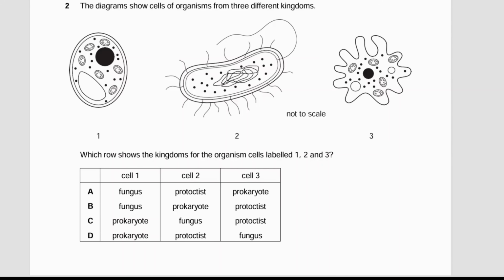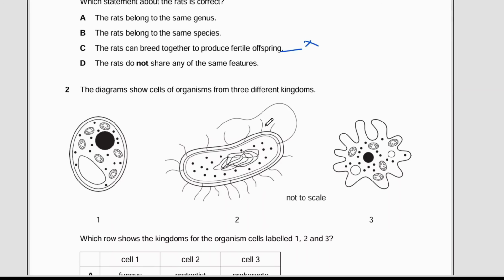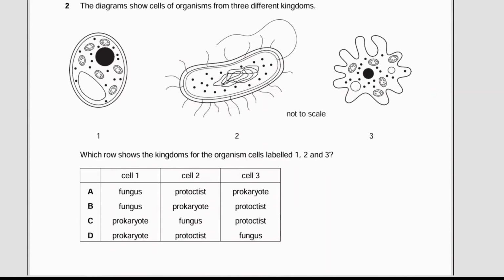So this one is related to that. Yes, so there is no cell wall in the third one. Okay, this one is protoctist. Exactly. This one is protoctist. This one is prokaryote, and the first one would be fungus.